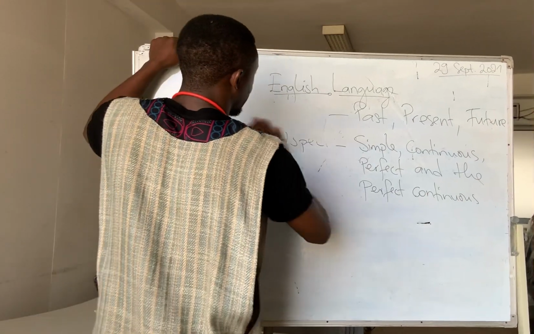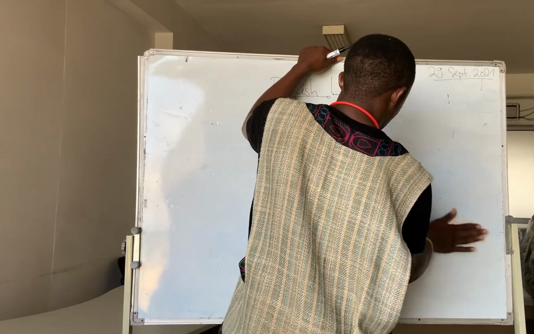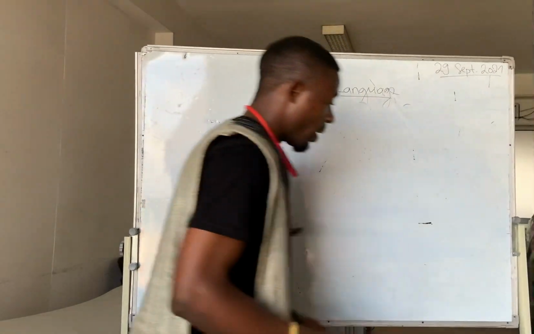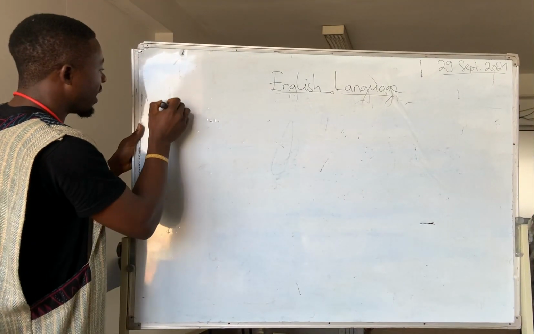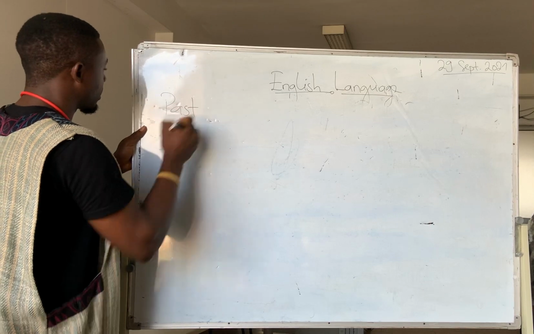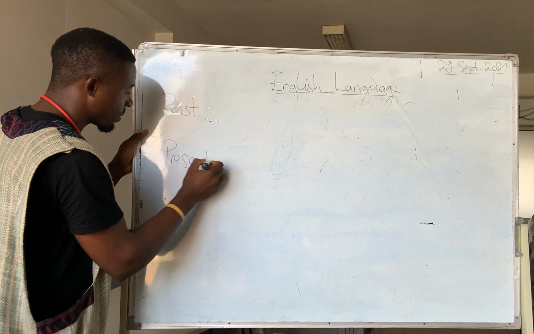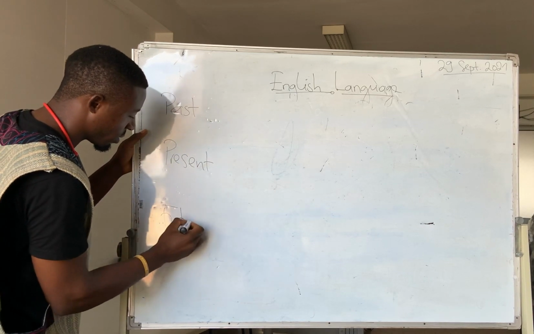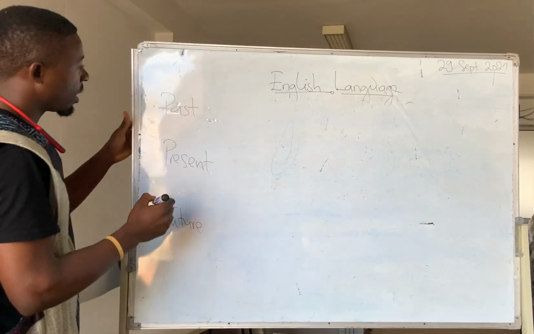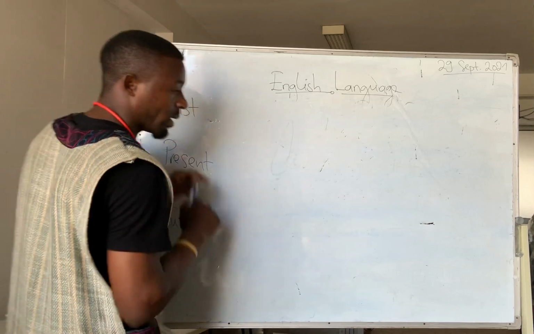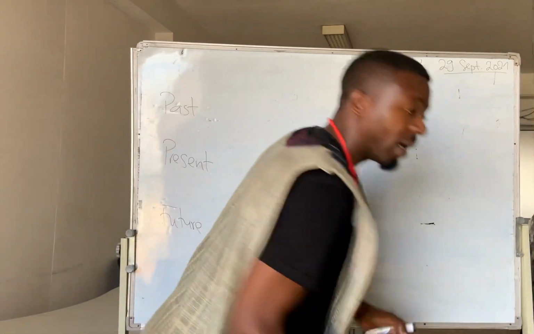Let's take up this one. Okay, what do we mean? We have the past, the present, and the future times. Like I earlier said, it's time. I'll take up the English language so we can have more space, because I just have a small board.